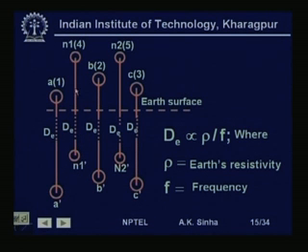Same thing for N1, we have a conductor N1 dash directly below it in the ground at a distance d, and so on. He said that dE, the distance of these conductors from the overhead conductors, is proportional to rho, the earth's resistivity, and inversely proportional to the frequency of the current flowing in these conductors.